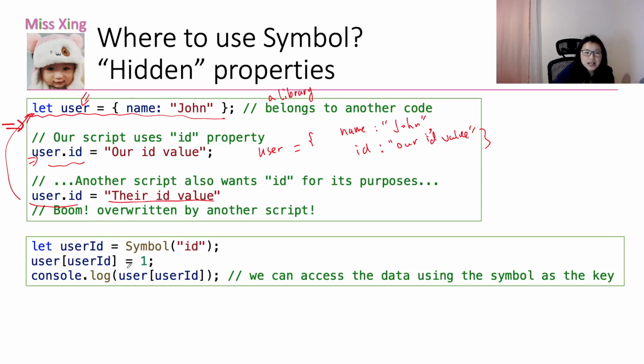So eventually in your code, what's going to become of the user object? By this order, eventually the ID property won't hold the value of our ID value, right? Because it's overridden by another script. So eventually you will get their ID value inside this user object.